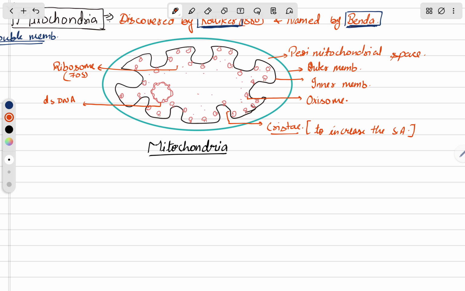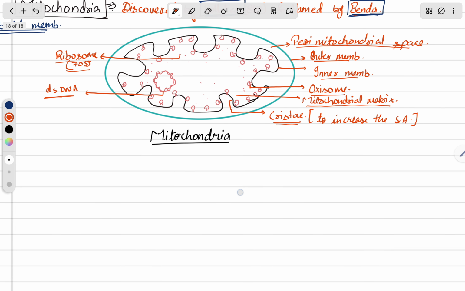And the fluid is the mitochondrial matrix. So that is the structure of a mitochondria. Outer membrane, inner membrane, the space between two membranes, perimitochondrial space. Then the racket-like structure, oxisome, mitochondrial matrix, crista, ribosome which is 70S, and double-stranded DNA. These are the components present in mitochondria.